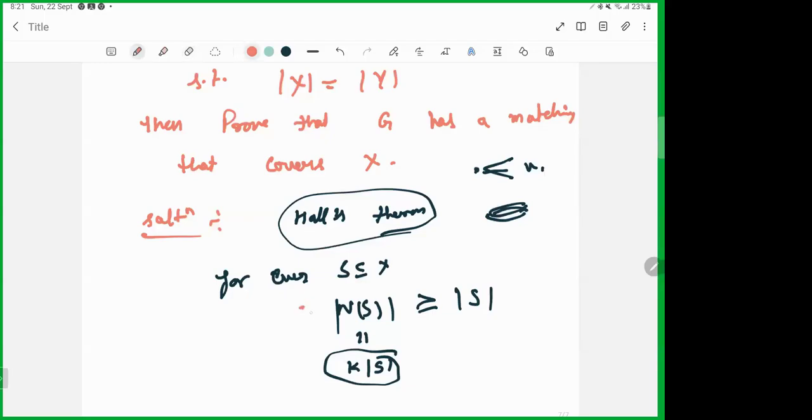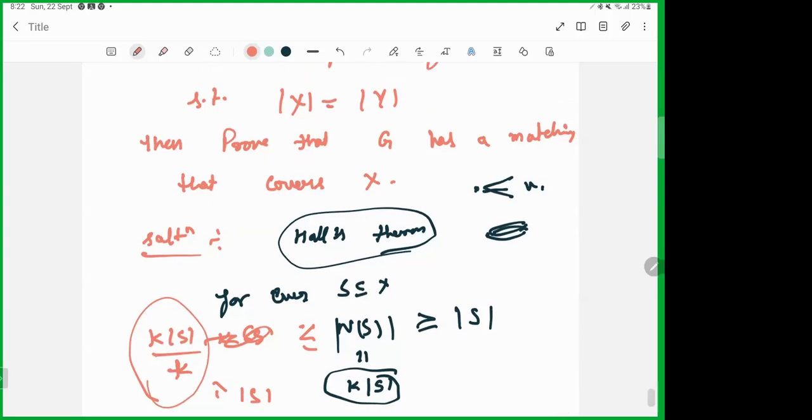Yes, so this should be at least that. What I'm saying is k times the cardinality of S divided by k, because on Y each vertex can have at most k edges coming to it. So even if it happens that they are all going to this vertex, the bound will hold, and this is basically the cardinality of S. So you can apply Hall's theorem, and that is direct, right?